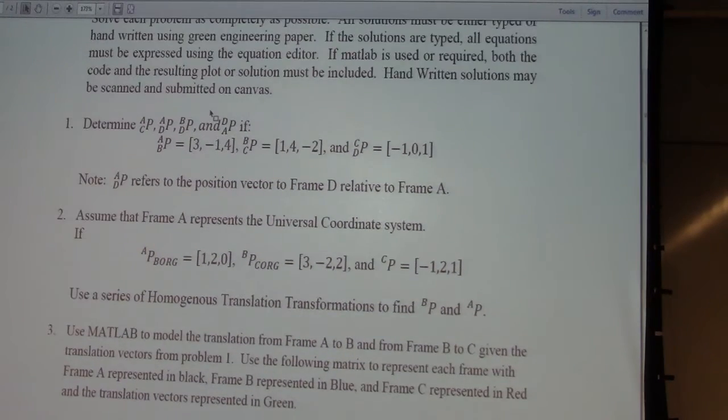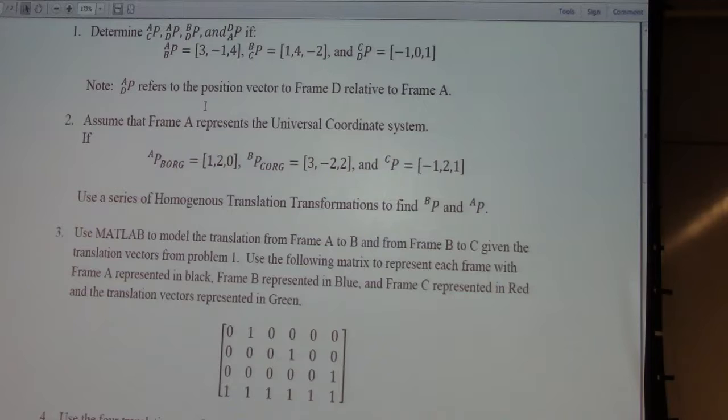At this point, you can easily do problems 1 through 3, get those knocked out. You have an option to either do everything in MATLAB. If you do, just provide your code, or you can go through and do parts of it with paper and pencil and only do the parts that specify that you do it in MATLAB.